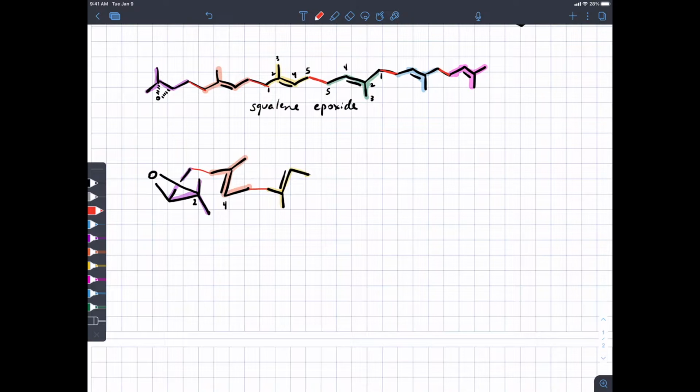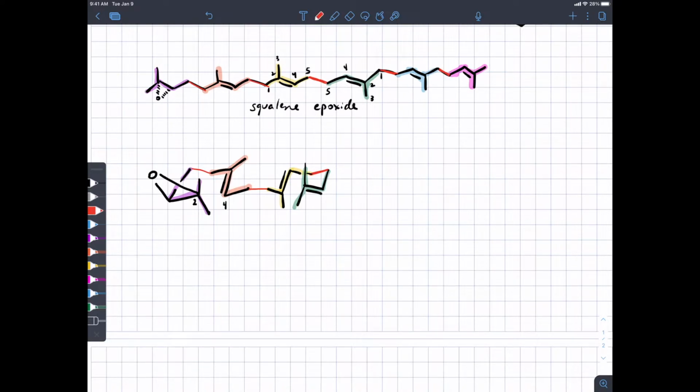So that's going to be this bond here. And then we're going to draw the green isoprene unit, 5, 4, 3, 2, 1. And maybe I need to redraw this so that we can tell that this stuff out here is in front. This is the green isoprene unit, and there's going to be a pi bond here.